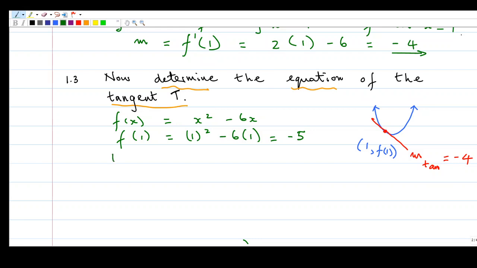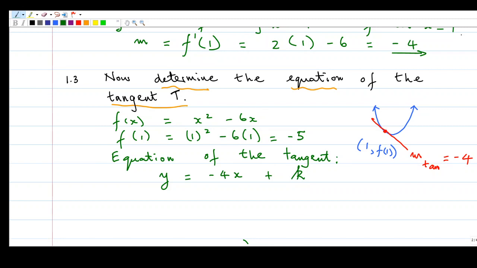So the equation of the tangent, that's what we're trying to find, right? I'm going to take the y-intercept form of the equation of a straight line. So it's going to be y is equal to negative 4x plus, say, the y-intercept, which I can call k.